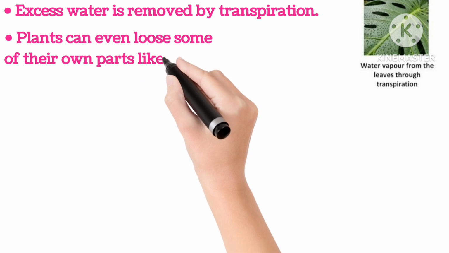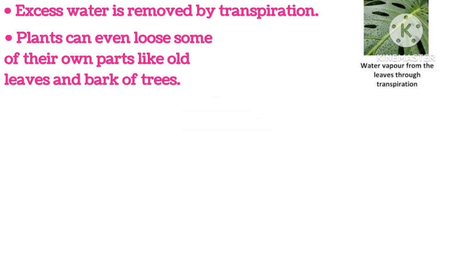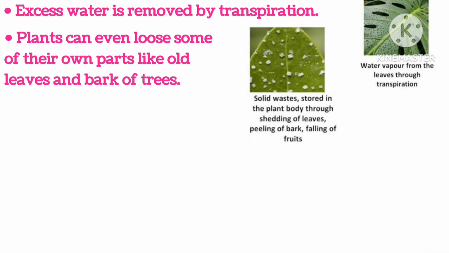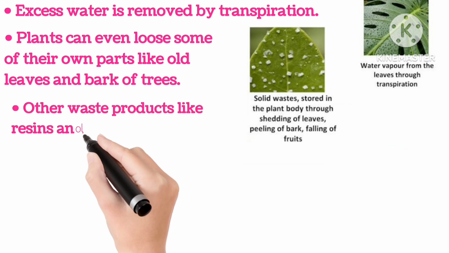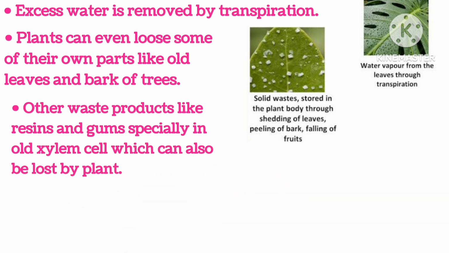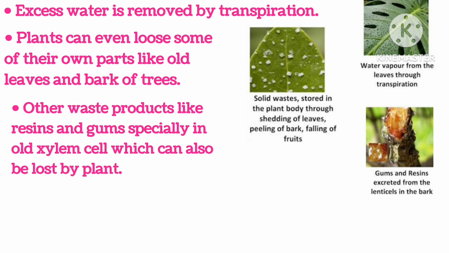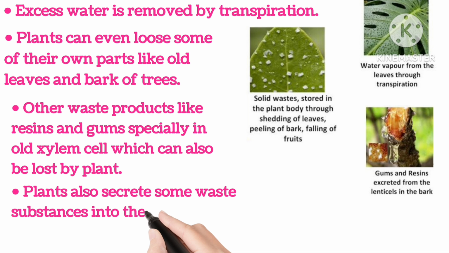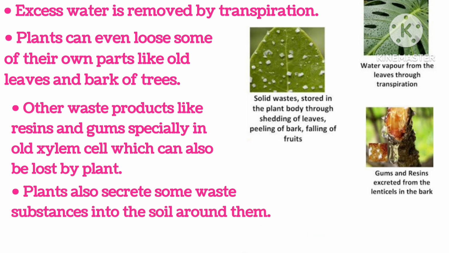Plants can even lose some of their own parts like old leaves and bark. Other waste products like resins and gums, especially in old xylem cells, can also be lost by the plant. Plants also secrete some waste substances in the soil around them.